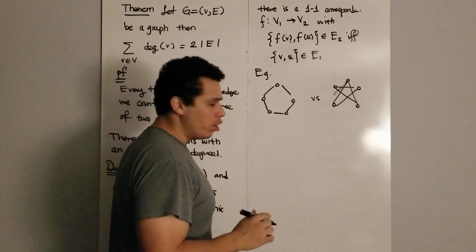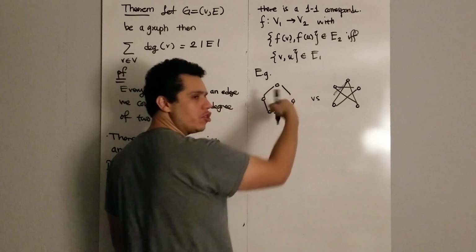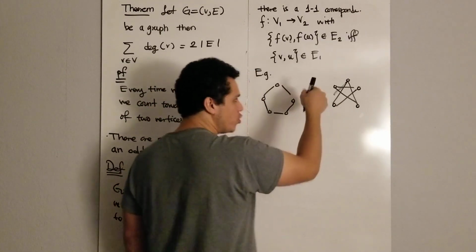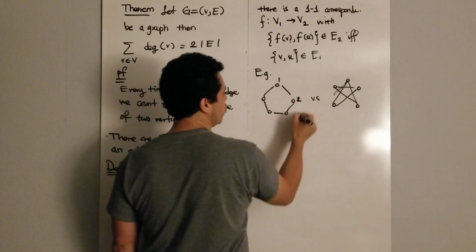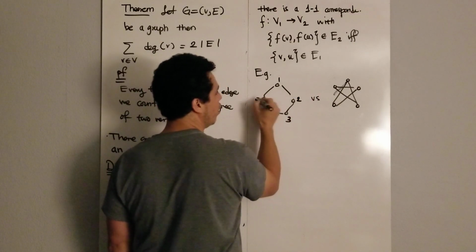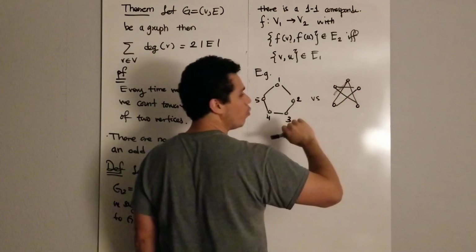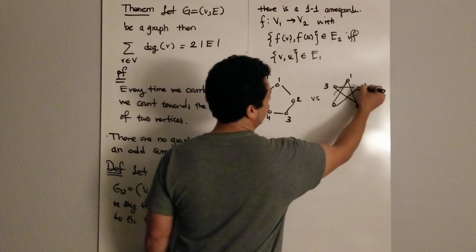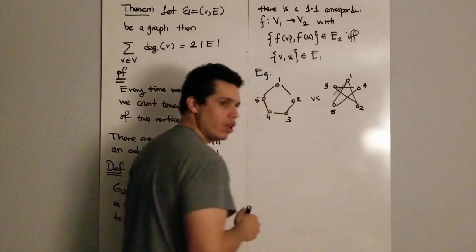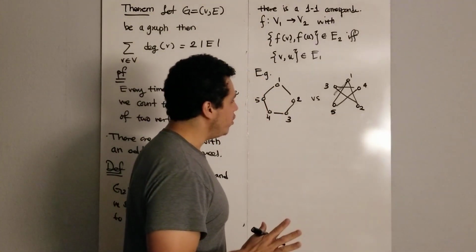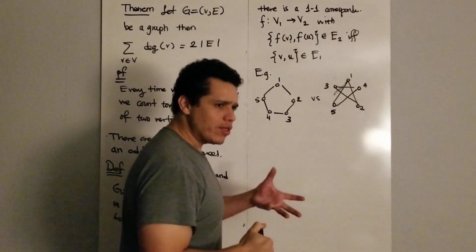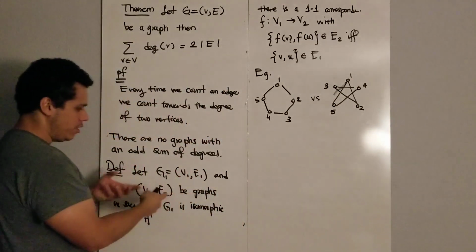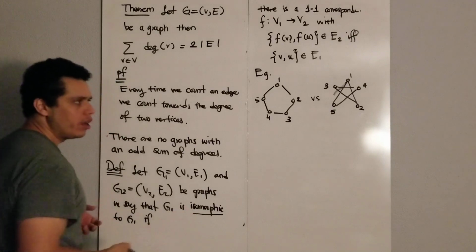In fact, they are. Let me do the following. I'll introduce a labeling, and then over here I'll introduce a labeling induced. So I have 1, 2, 3, 4, 5. Over here, I will write it this way. 1, 2, 3, 4, 5. Now, the pictures are really different, but the graphs are essentially the same. They have the same form.